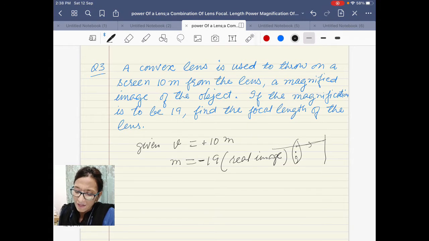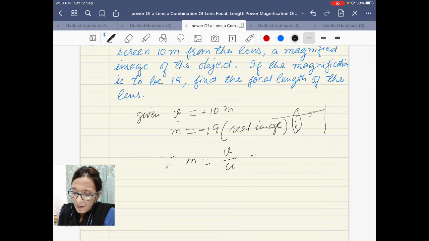Find the focal length. So you have been given v. Now we can find u by the formula of magnification. Magnification is equal to v upon u, and therefore u comes equal to 10 upon -19.